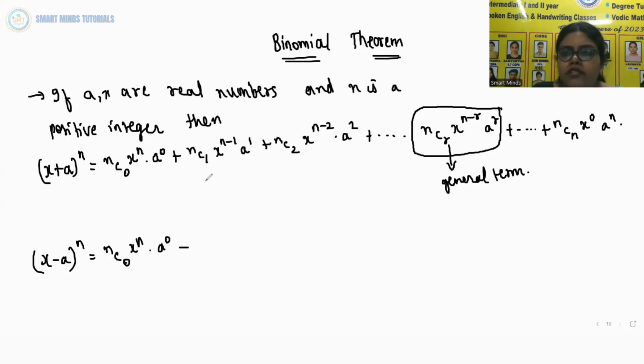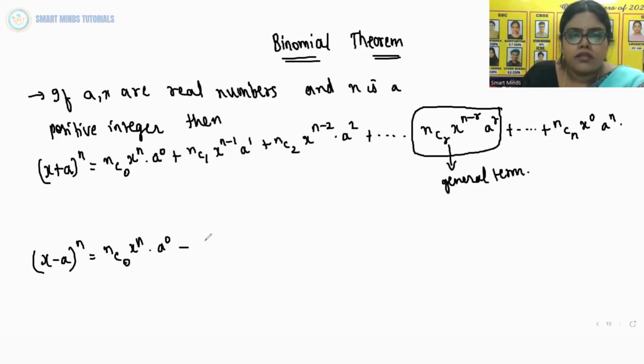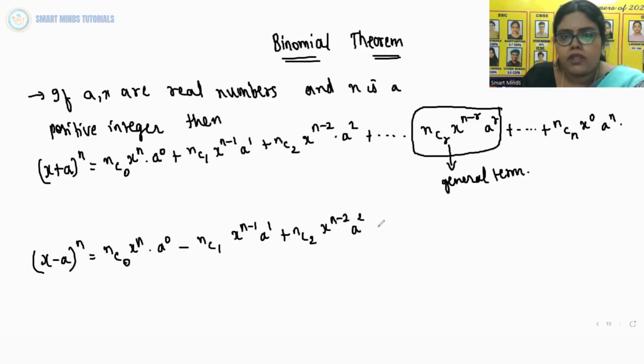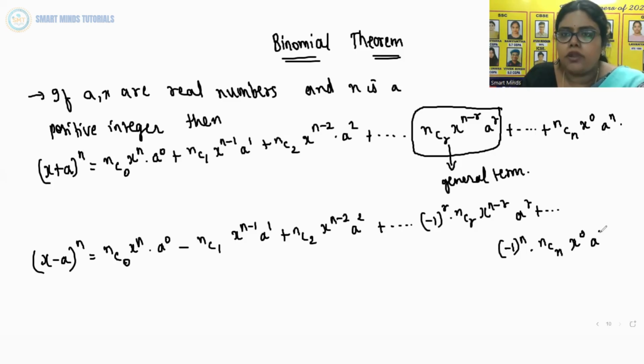It is the same as the previous one, but you get alternate plus and minus signs.